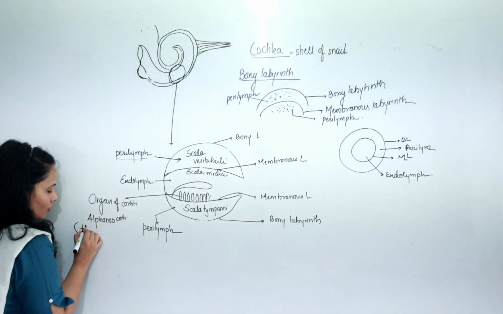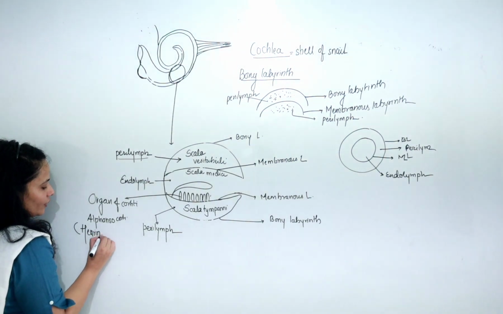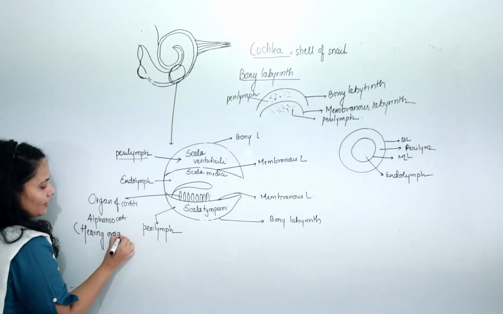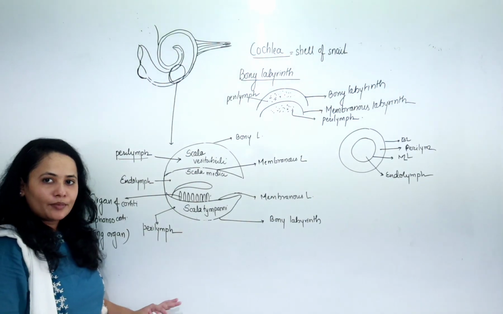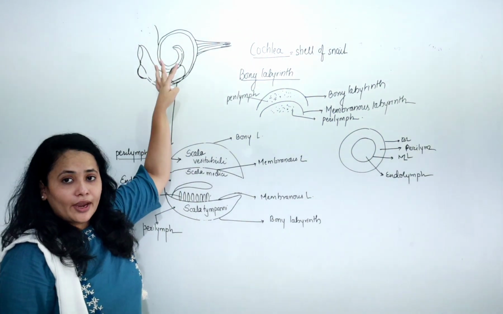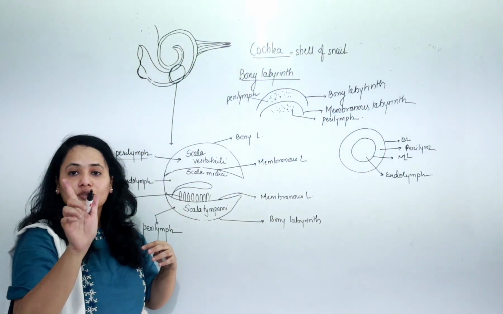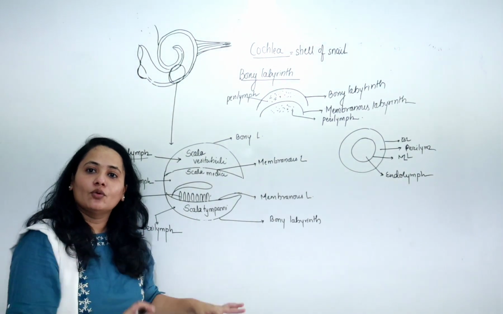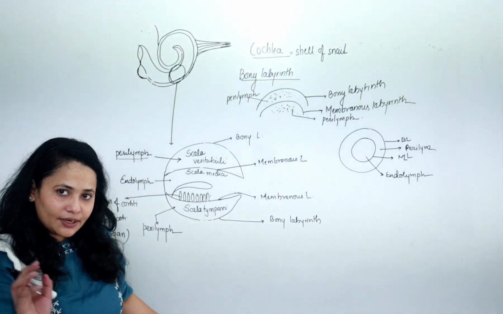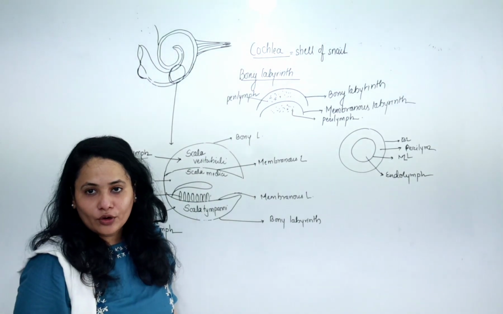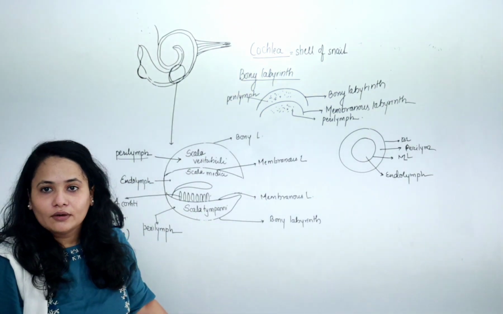This organ of Corti is known as the hearing organ. Each ear bears this tube-like structure, and inside this one whole canal there is one organ of Corti distributed in the whole canal. So if it is asked how many organs of Corti each ear bears, you need to remember it is only one.